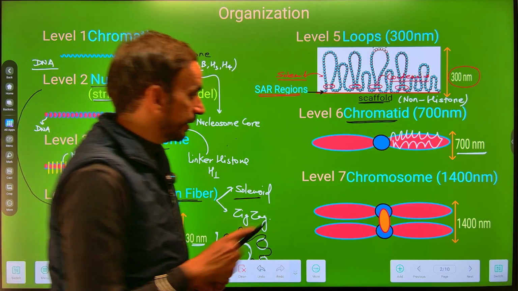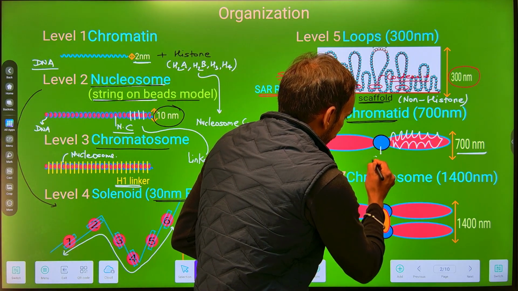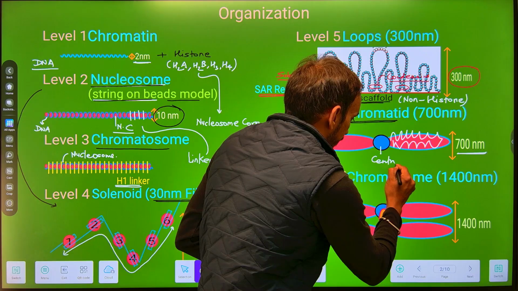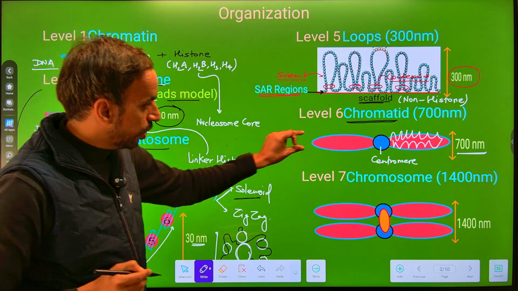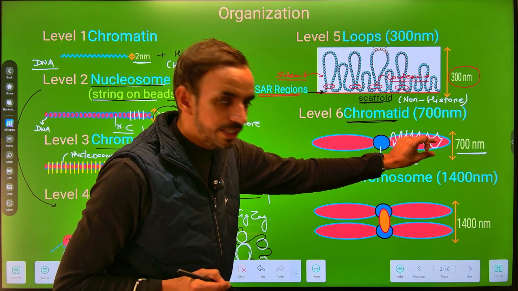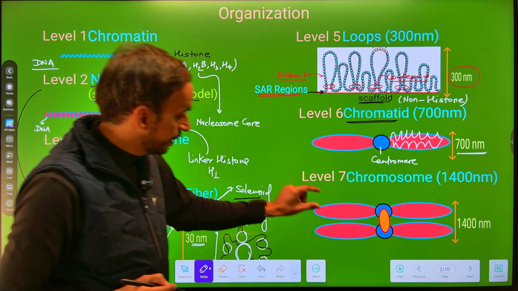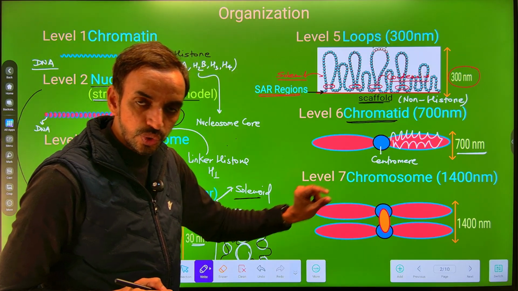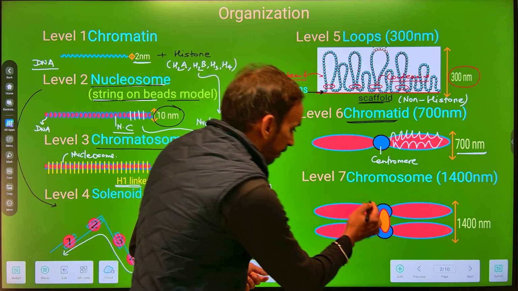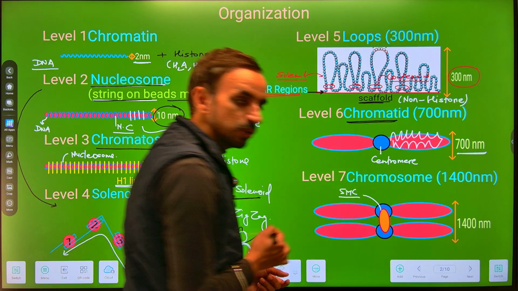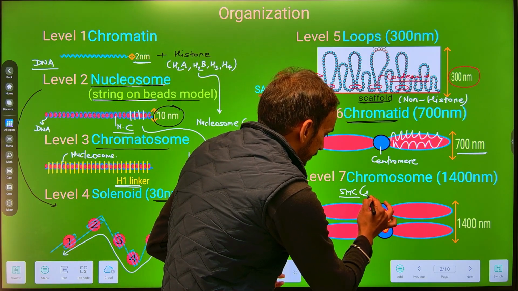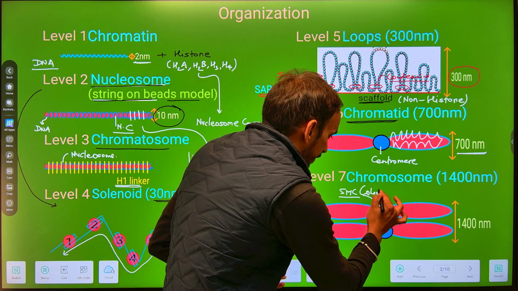Now the chromatid has a centromere. The two chromatids, each having the size of 700 nm, interact with each other through their centromere with the help of some other SMCs, that is structural maintenance of chromosome proteins, which are known as cohesins, which we will talk about later.